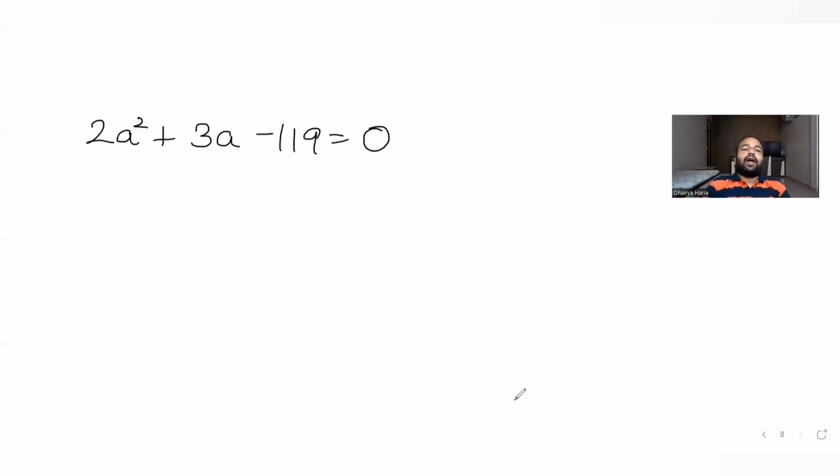If I solve this expression, I get 2a square plus 3a minus 119 is equal to 0. So I have this entire quadratic equation with me here.